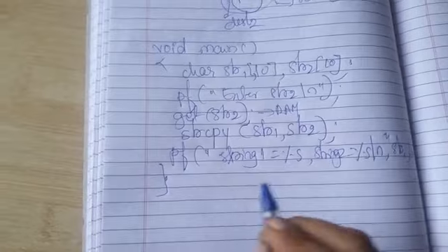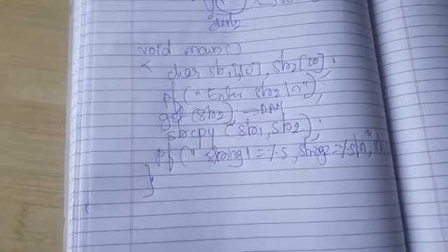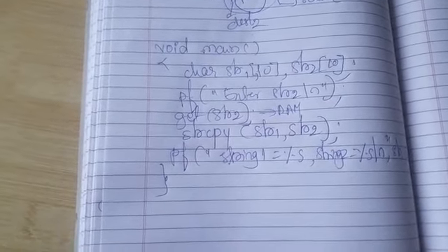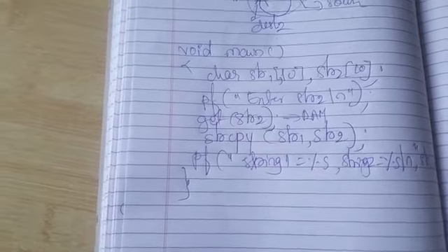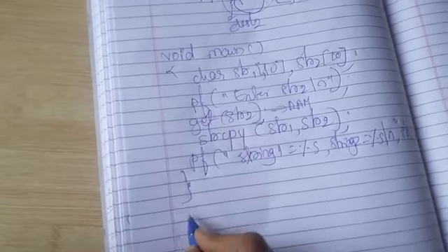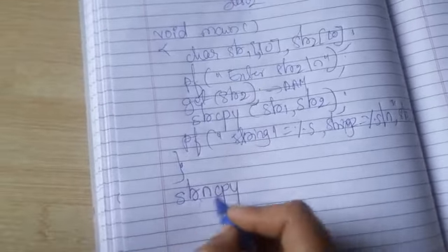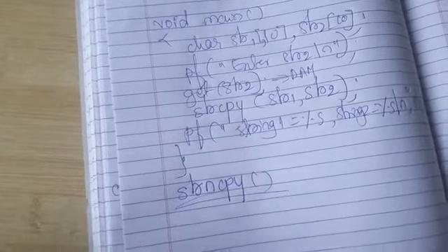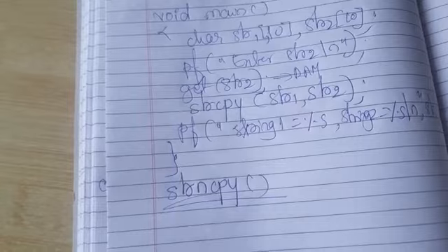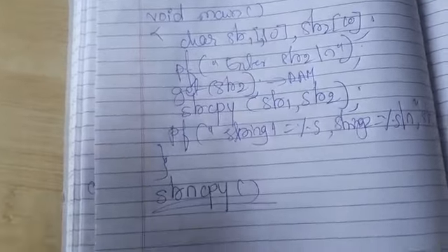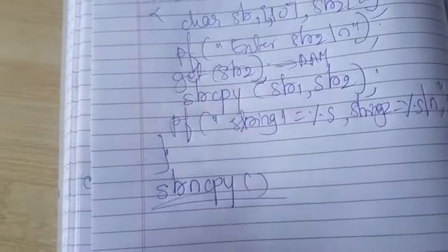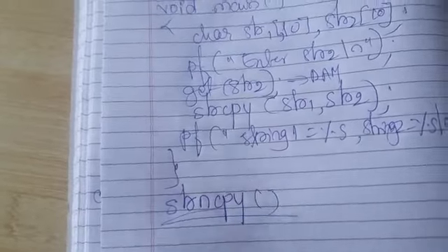String 1 is equal to Ram and string 2 is equal to Ram, because I am copying the content of string 2 to string 1. Next improved version for this is strncpy. In the sense, instead of copying all the contents of string 2, only a few characters I am copying from string 2 to string 1.